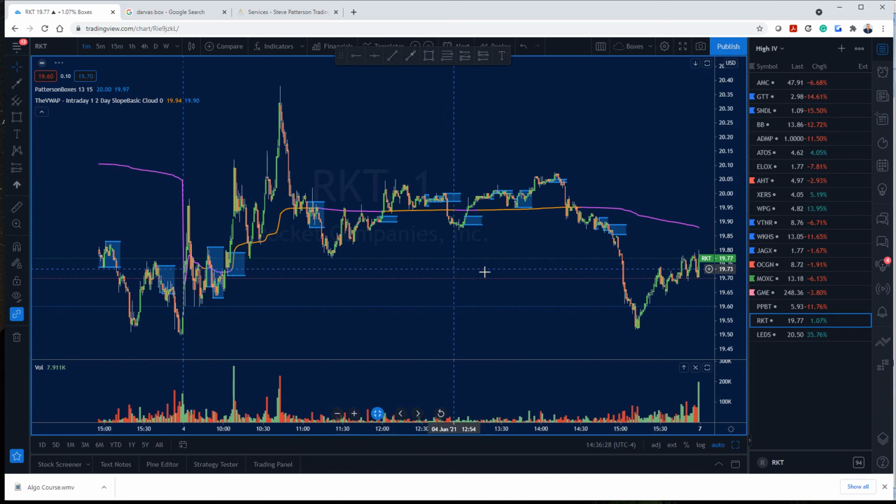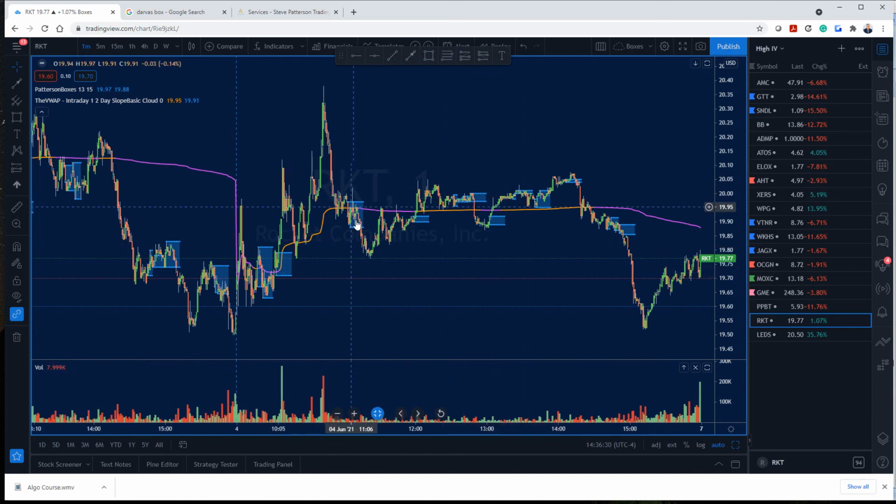Yeah, there's the trade. What happened with RKT was GME and AMC were breaking down, and I knew RKT was basically another one of the meme stocks. Late in the afternoon, I was able to get a box breakdown on a smaller time frame right here off of this move.